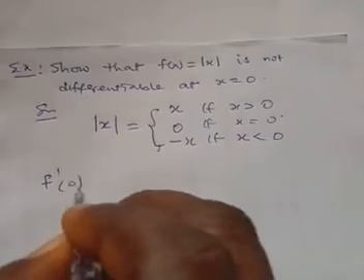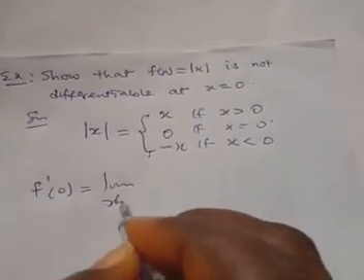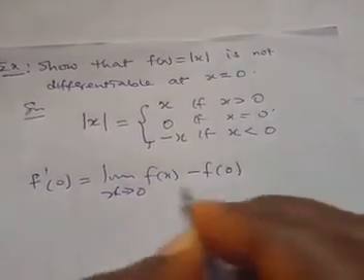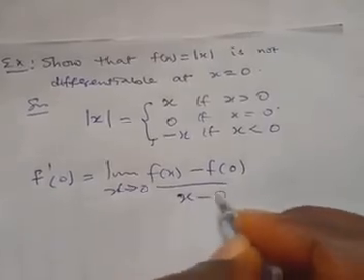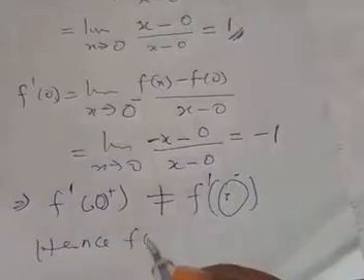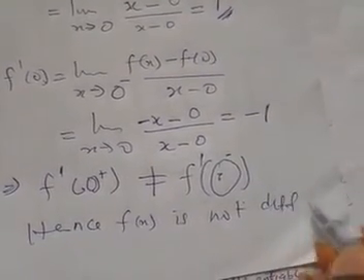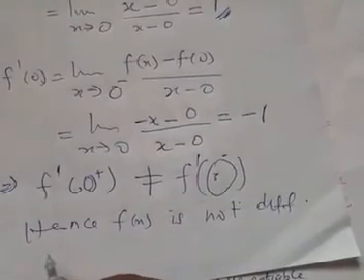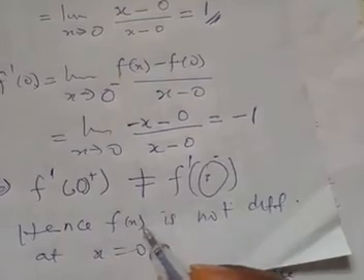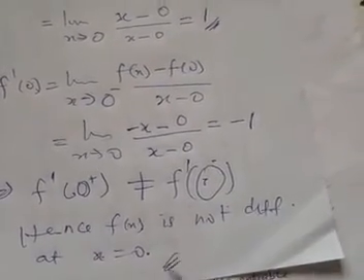We know that f prime of 0, by the definition, will be... So f of s is not differentiable at s equal to 0.